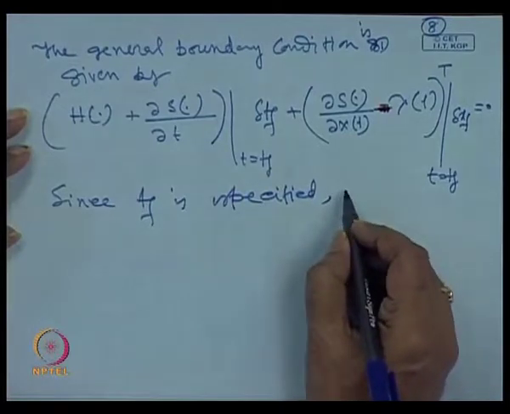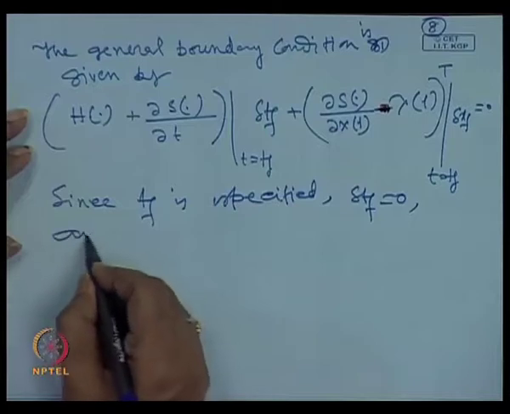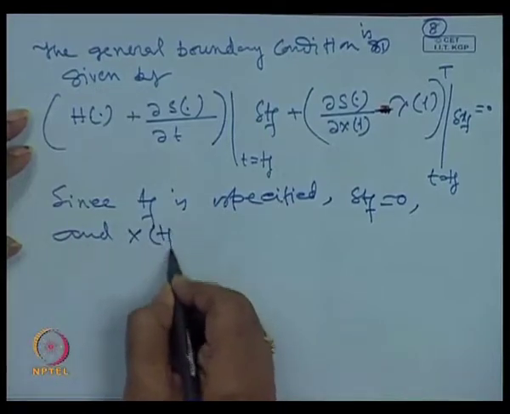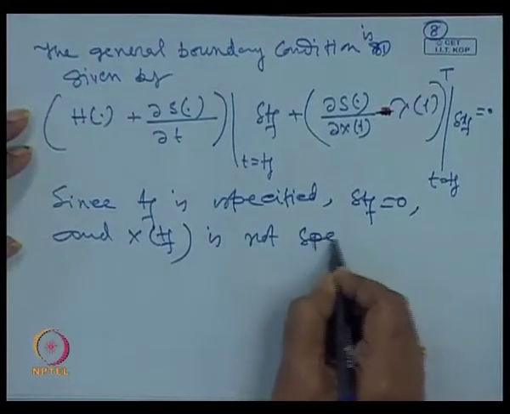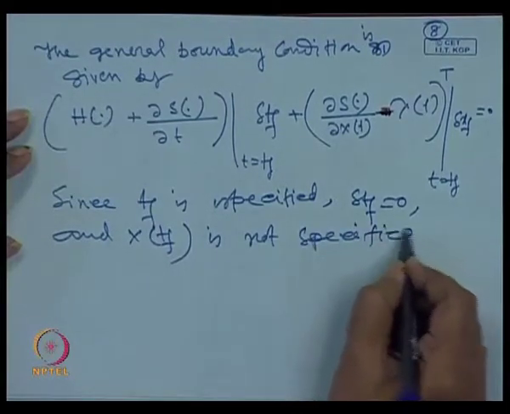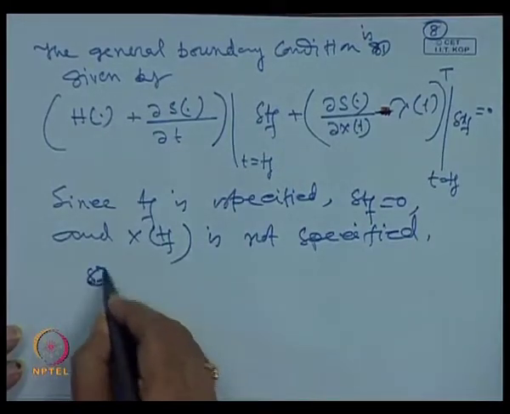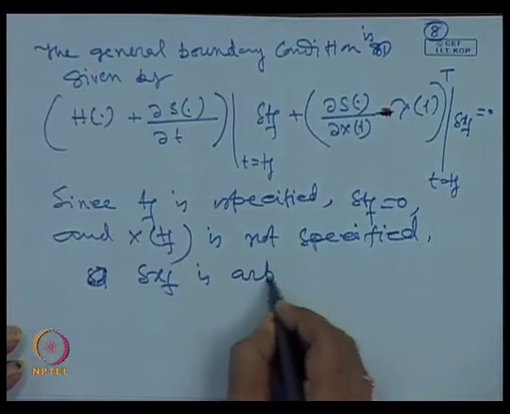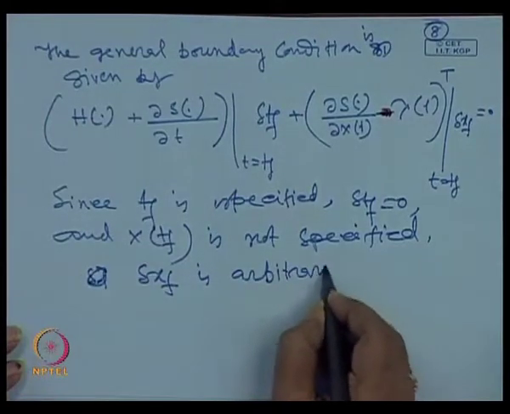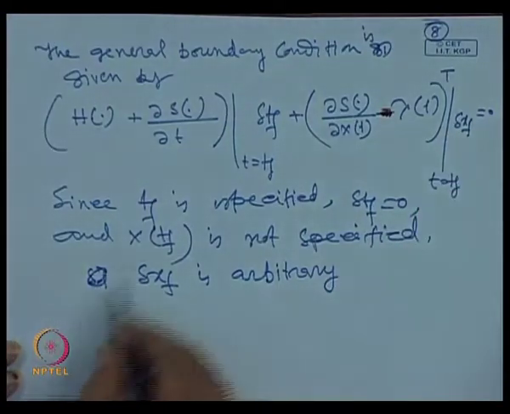Therefore, delta T f is 0, and x of T f near to the origin means x of T f is not specified, and therefore, delta x f is arbitrary. So, then what is our boundary condition we are getting here?